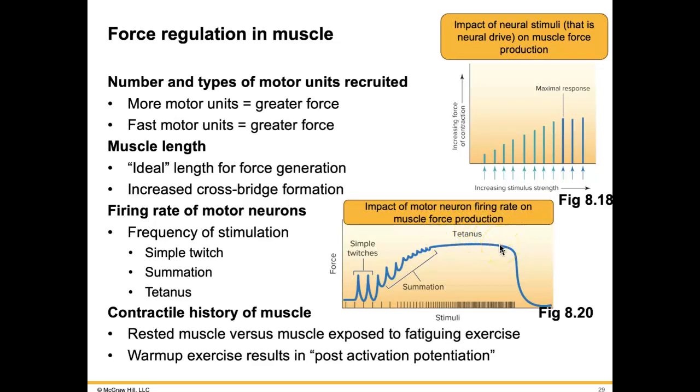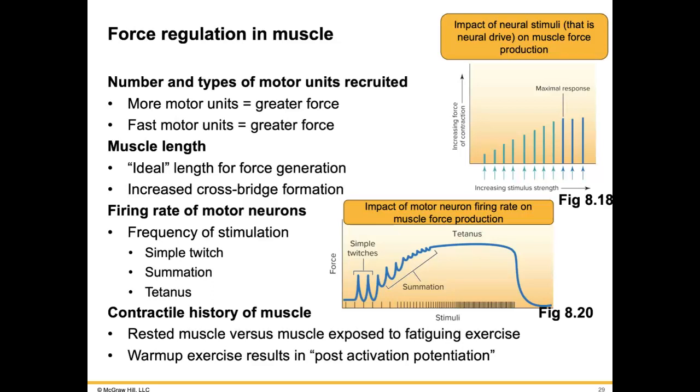And our contractile history of the muscle exercising can affect performance. So if we were to have a recent contractile history of this muscle, working out, doing some fatiguing exercises, then our subsequent muscle force production is going to decrease.